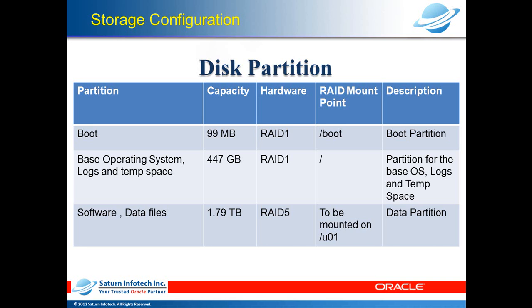Boot is around 99 megabytes, RAID 1 configuration, and mounted on /boot. The base operating system is around 447 gigabytes, RAID 1 configuration, and the last one is for software and data files, around 1.79 terabytes with the RAID 5 configuration for the protection of data loss, and which is mounted on /u01.